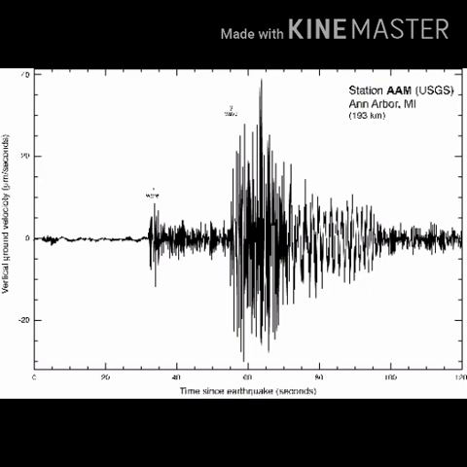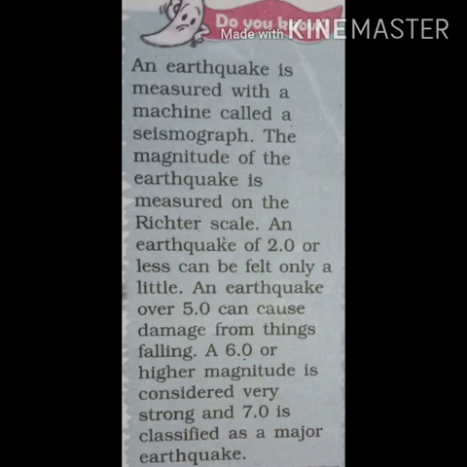An earthquake over 5.0 can cause damage from things falling. A 6.0 or higher magnitude is considered very strong and 7.0 is classified as a major earthquake. But an earthquake is measured with a machine called seismograph.